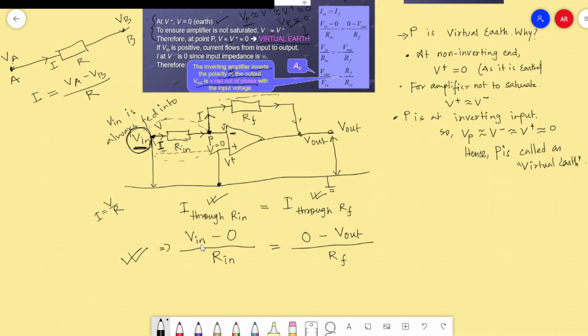So it is input voltage minus 0 divided by the input resistance, which is the same as the current through the feedback resistance, because all the current will flow through the feedback resistance. No current will enter the Opamp because the Opamp has infinite input impedance in its internal circuitry.